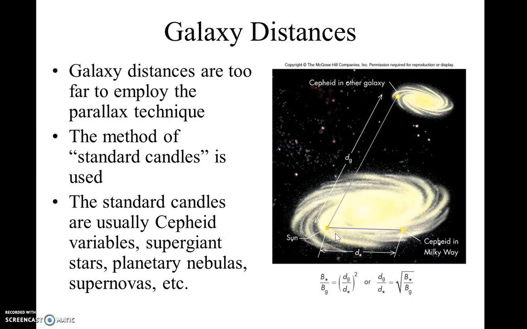Those two things are measured, and then we look at the Cepheid in a distant galaxy, and we can find the distance. The way that we do that is using the formula in this manner, but you bring the d asterisk over to the other side of the equation to solve for the distance to the Cepheid in another galaxy.